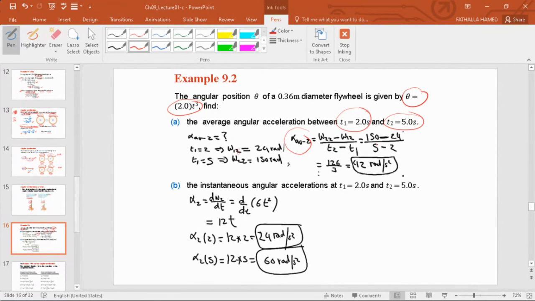In the previous example, we already calculated that at t equal to 2 seconds, omega 1z is equal to 24 rads per second. At t equal to 5 seconds, omega 2z was equal to 150 rads per second.